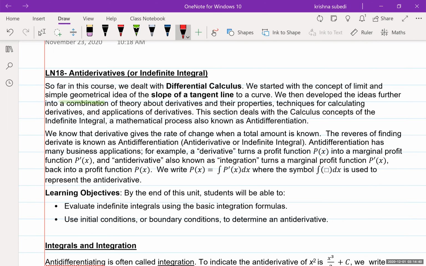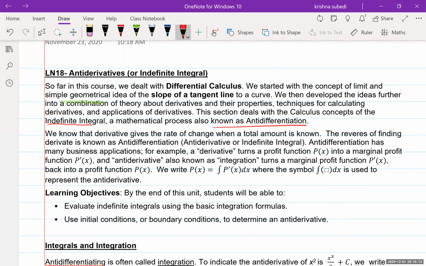We then developed the ideas further into a combination of theory about derivatives and their properties, techniques for calculating derivatives, and application of derivatives. Now, this section, particularly today's lesson, deals with the calculus concept of indefinite integral, which is also known as antidifferentiation, or antiderivative.